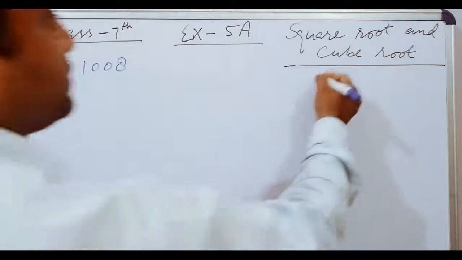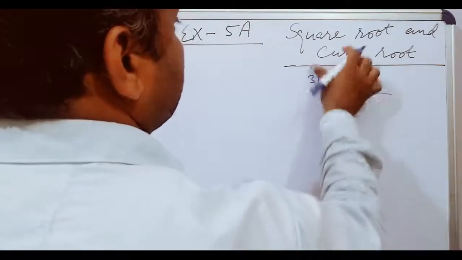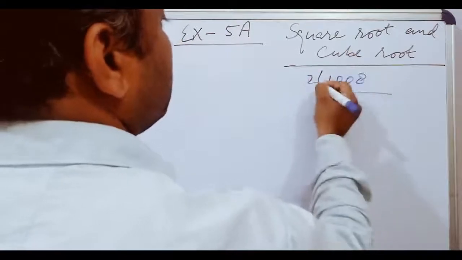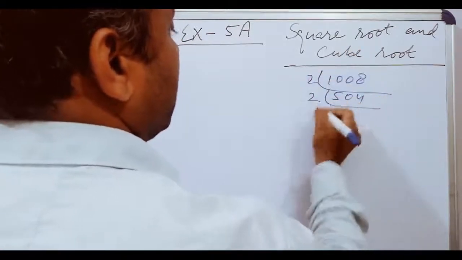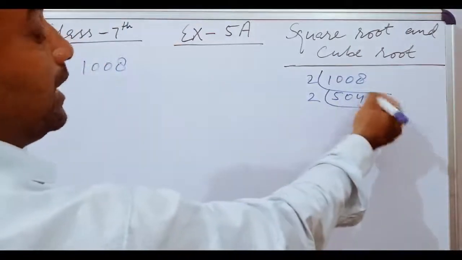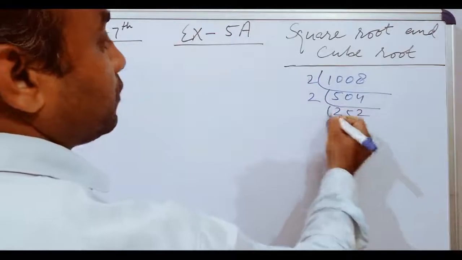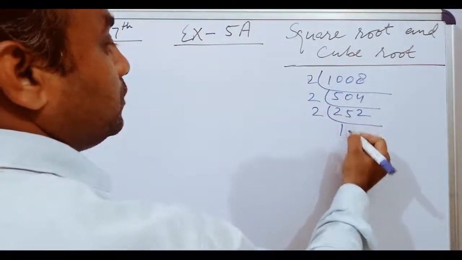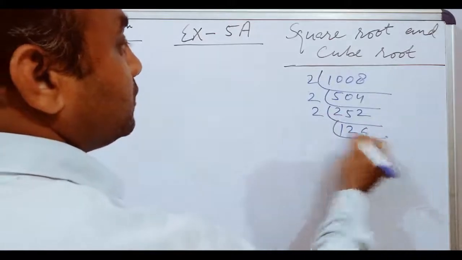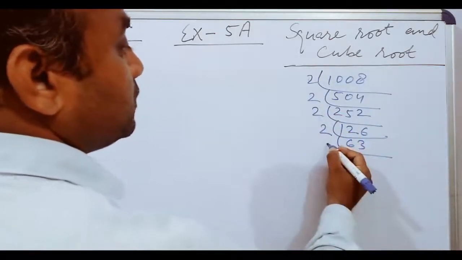Now we will factorize 1008. Divided by 2: 2 5s are 10, 2 4s are 8. Again by 2, because the last digit is 4. So 2 2s are 4, 2 5s are 10, 2 2s are 4. 2 1s are 2, 2 2s are 4, 2 6s are 12, 2 3s are 6.